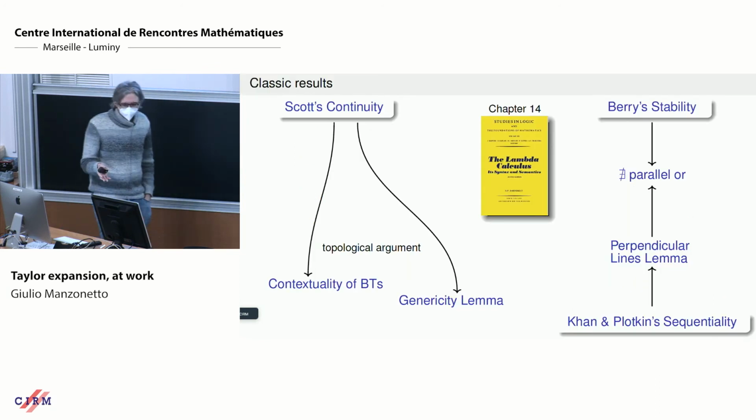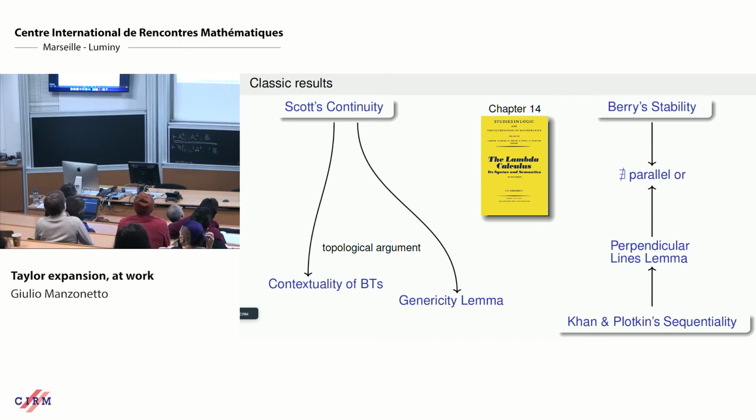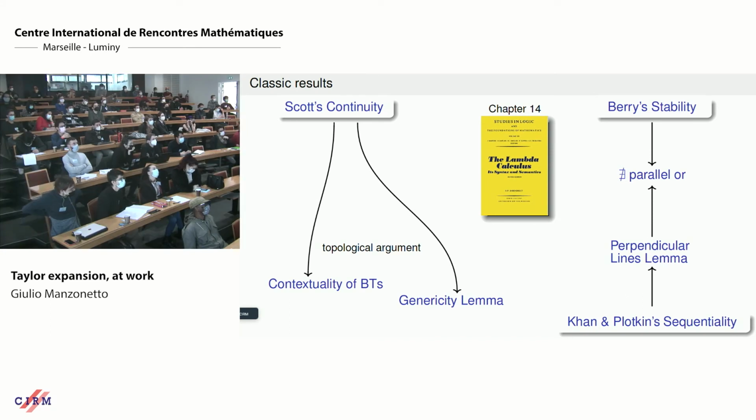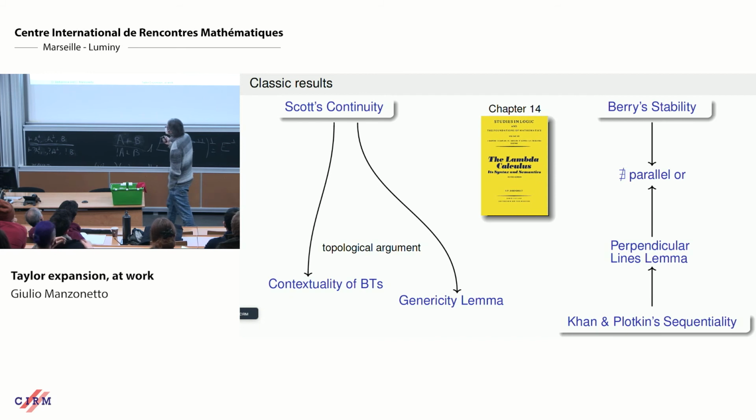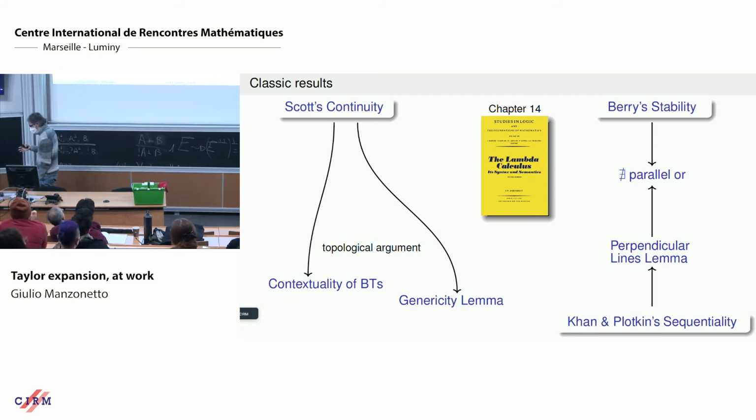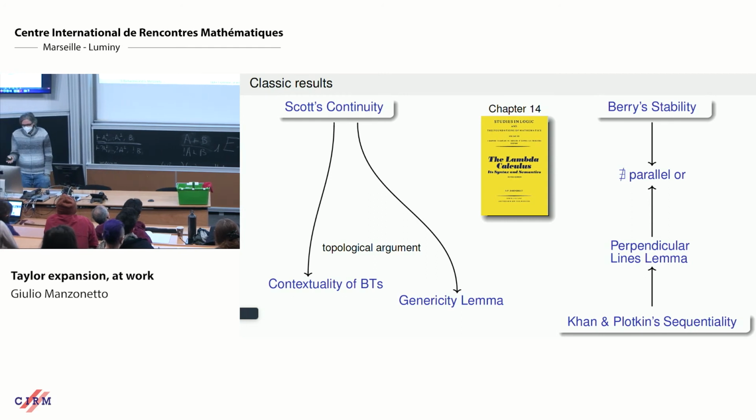So what we try to see is whether classic, fundamental results in lambda calculus, that are usually proved either by co-inductive reasoning or topological arguments, can be reproved with these techniques.